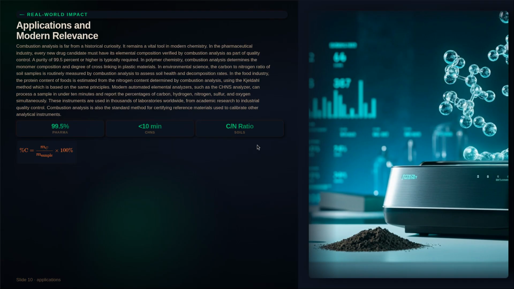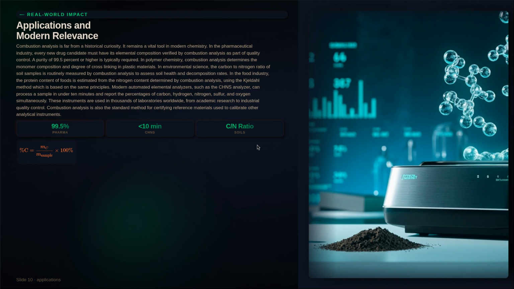Combustion analysis is far from a historical curiosity. It remains a vital tool in modern chemistry. In the pharmaceutical industry, every new drug candidate must have its elemental composition verified by combustion analysis as part of quality control. A purity of 99.5% or higher is typically required.